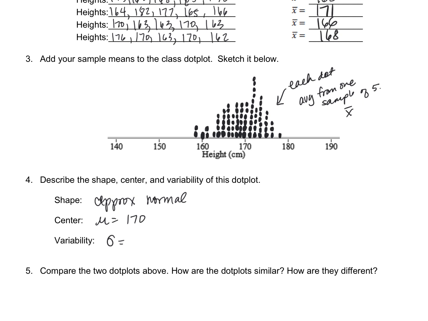What's the typical distance from the mean on this thing? Did you estimate it? On the previous one, you told me it was 10, right? What'd you say? 5? If we're saying the mean is 170, on average, what's the distance from 170 these points take on? You think 5? Okay, we'll just do approximately 5. How about that? Make you feel better?